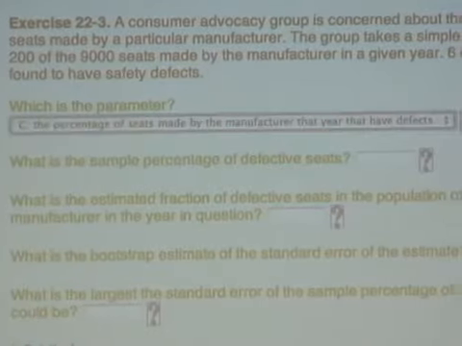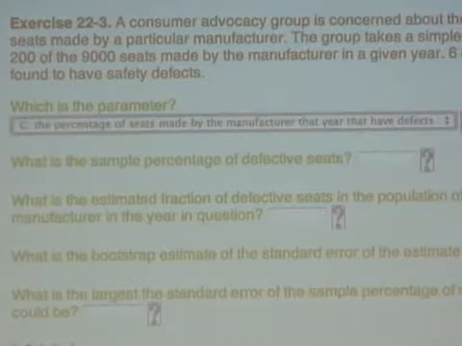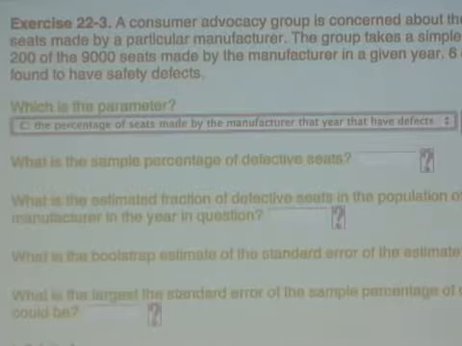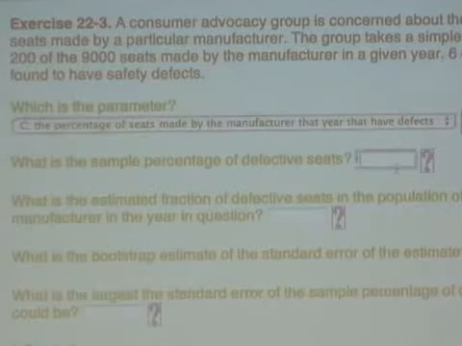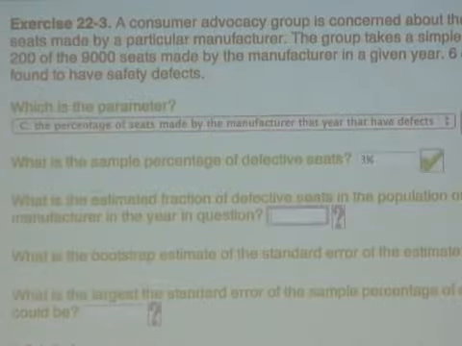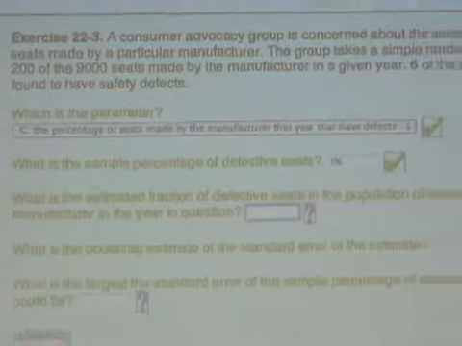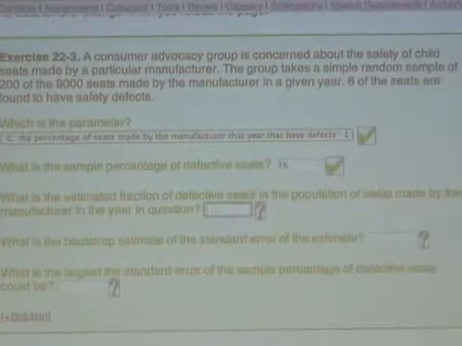What's the sample percentage of defective seats? Six over 200, which we can, even in our heads, turn into a percentage. 6 over 200 is like 3 over 100, which is like 3%, okay? What would our estimate be of the fraction of seats that are defective in the population?